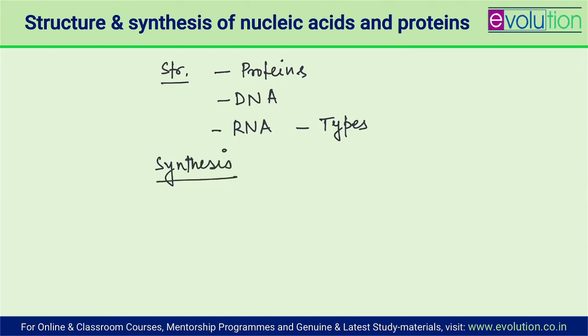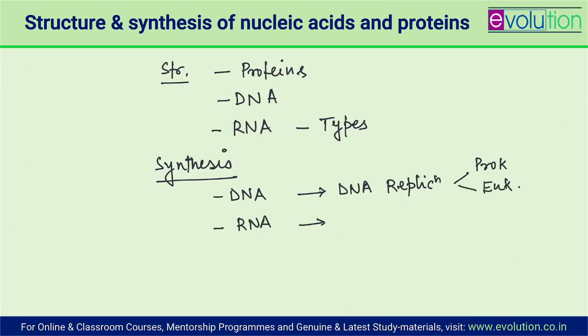After this, synthesis. With respect to synthesis, you have to do synthesis of DNA. That means DNA replication, and DNA replication you have to do for prokaryote and eukaryote. Then synthesis of RNA, that simply means transcription.